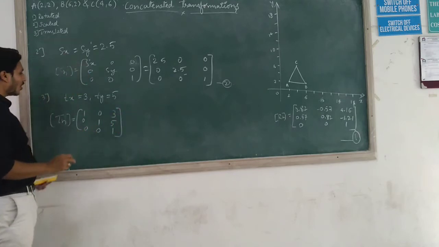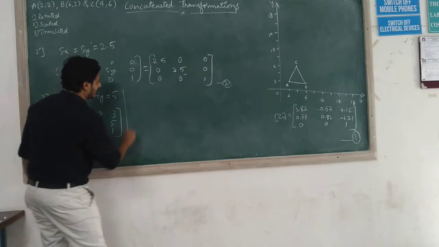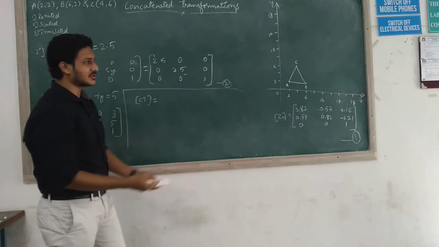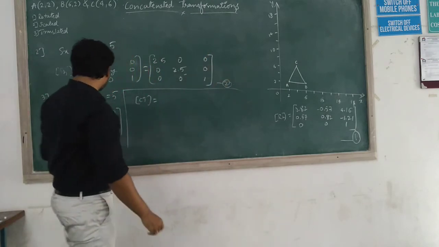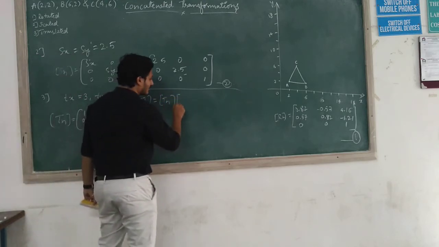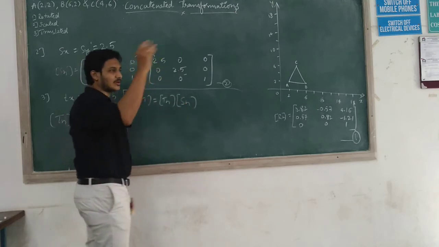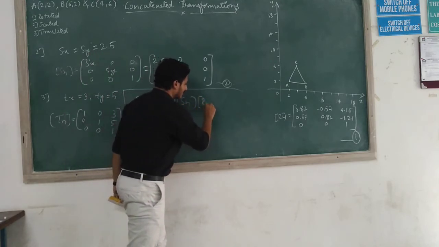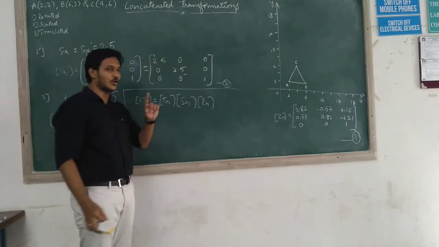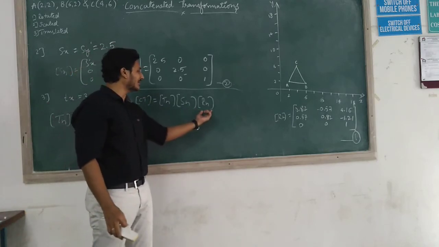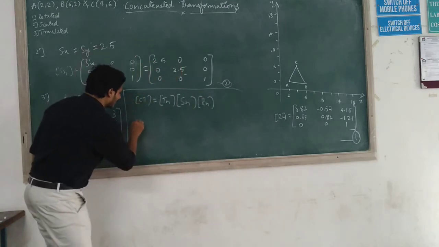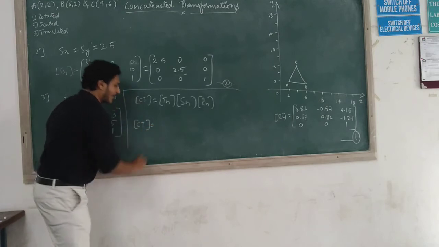Next, what we need to do? We need to find out the concatenated transformation. For the concatenated transformation of all these transformations, we have to go from lower to upper. The last one is we translated. Before that, we scaled up. Before that, first, we rotated. Once you multiply these two matrices, you are going to get one single matrix. After that, if you multiply that with the rotational transformation matrix, we are going to get the final concatenated transformation matrix.